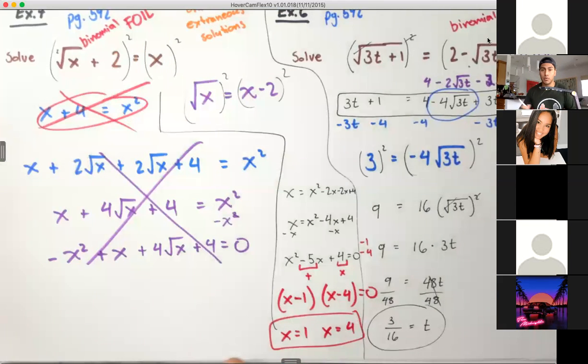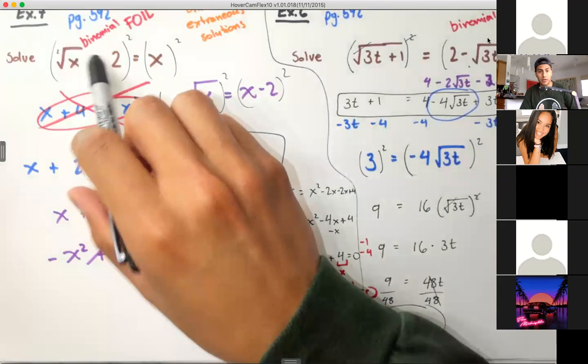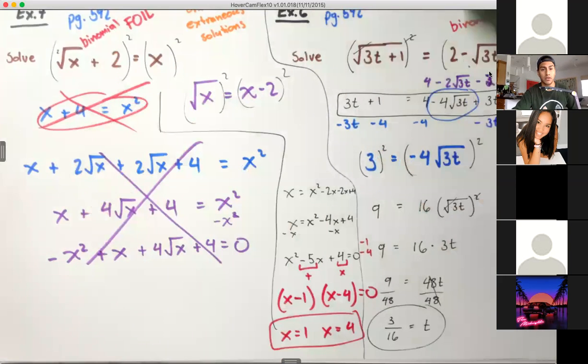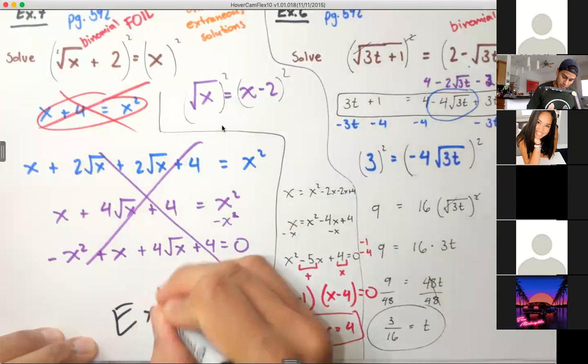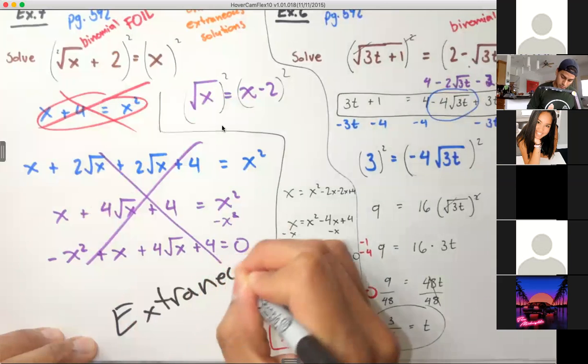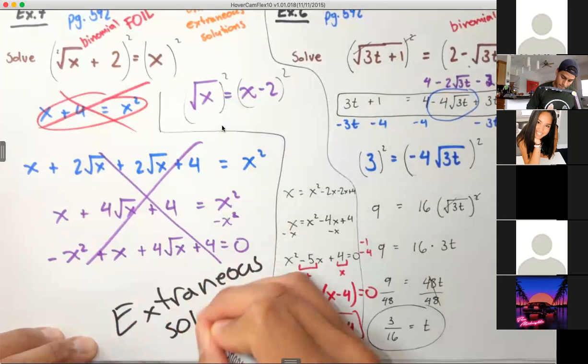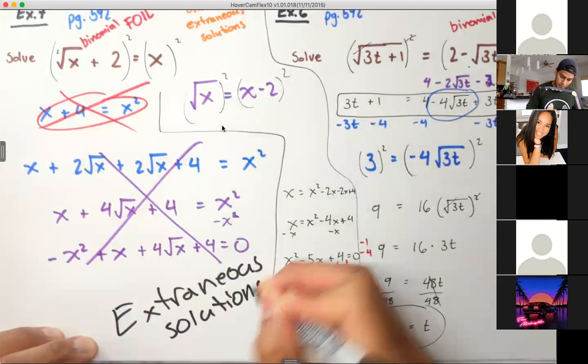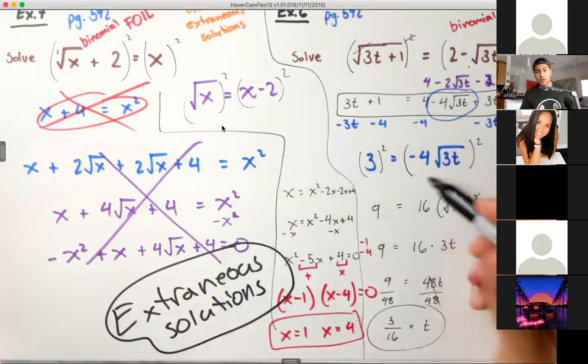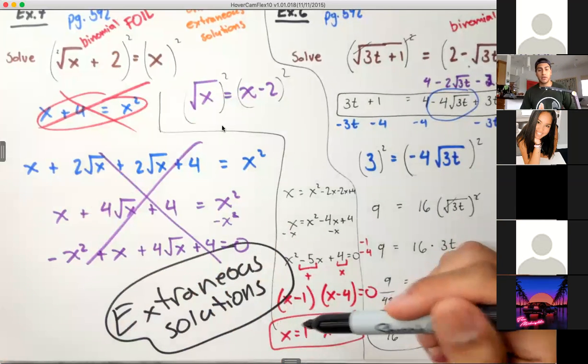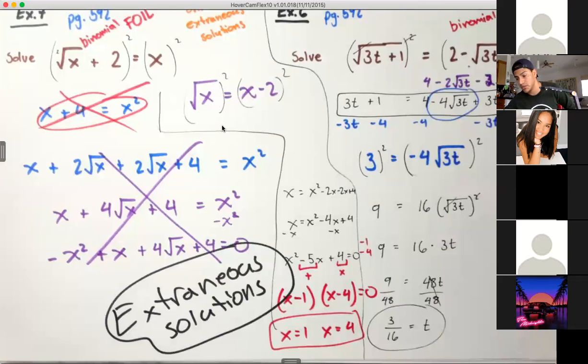Now, super important, the last thing I wanted to talk to you guys about is that whenever you get answers from radical equations, you want to always check them, because there's something called extraneous solutions. If there are extraneous solutions, basically one of these answers is going to check out and the other one's not going to check out.